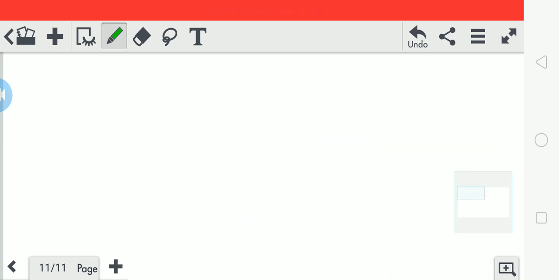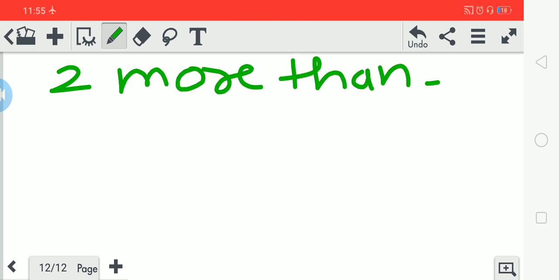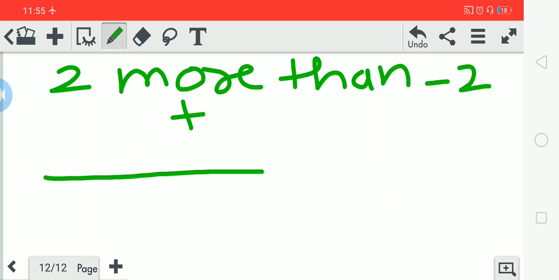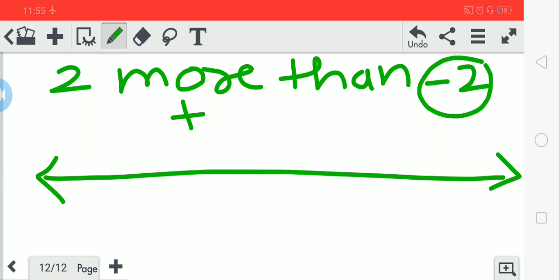Yes. Now second example is 2 more than minus 2. More means plus, and I already told you, in this kind of example you have to select the second number first. Here second number is minus 2.